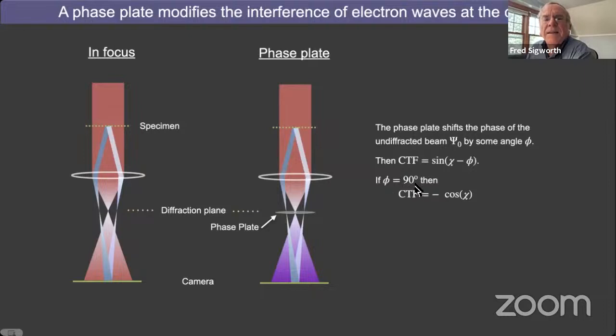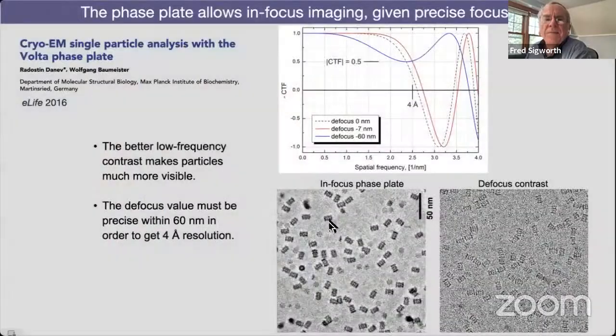If we shift it by 90 degrees, then the CTF becomes a cosine function. Okay, and you'll remember cosine of 0 is 1. That is, this is going to be a CTF that starts out, instead of starting out essentially at 0, like the sine function, is starting out at 1, like a cosine function. And this gives really awesome looking images.